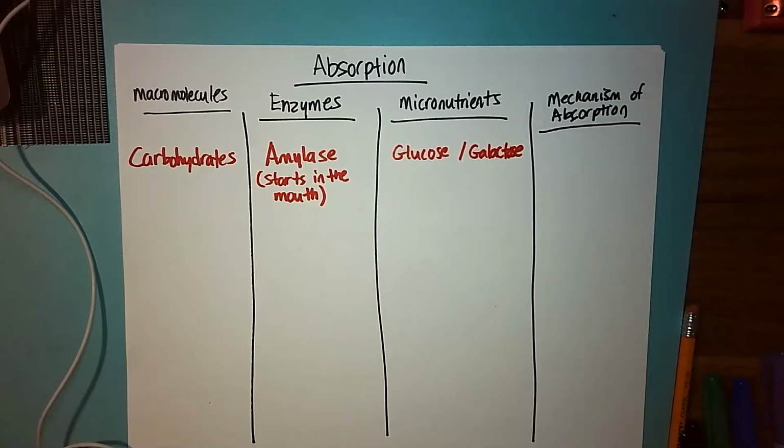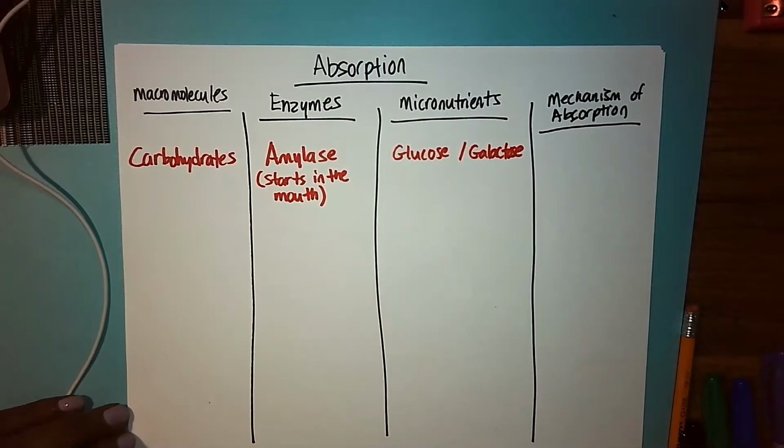Okay, so if you had a really long branched polysaccharide, you can break it down to maybe limit dextrins, which we described, but it must be further broken down by the time it gets to the small intestine into glucose or galactose to be absorbed.